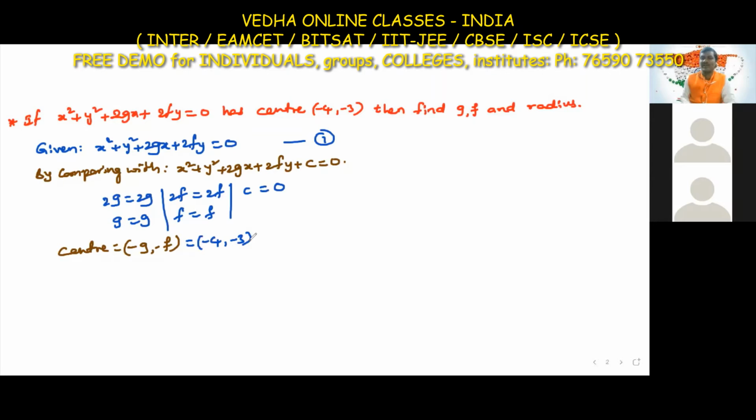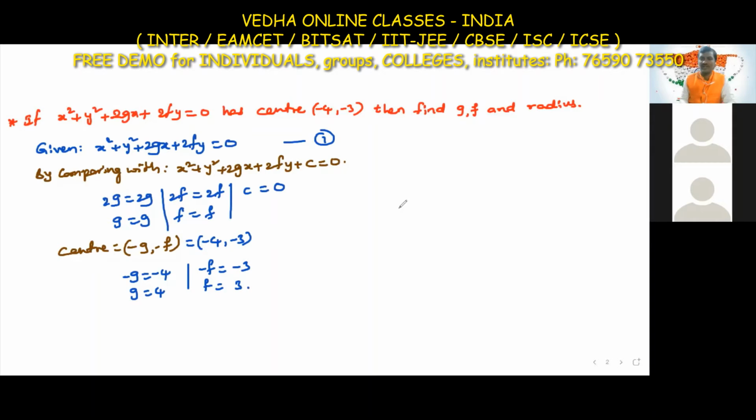When we equate the x coordinate to the x coordinate and the y coordinate to the y coordinate, that means minus g is equal to -4 and minus f is equal to -3. That means g is equal to 4 and f is equal to 3.